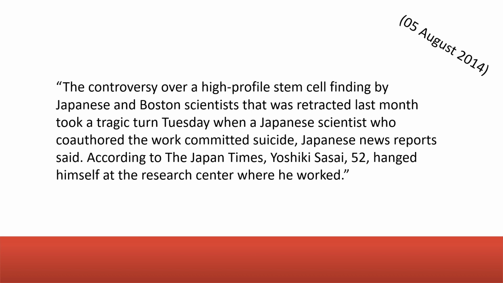According to the Japan Times, Yoshiki Sasai hanged himself at the research center where he worked and left 2 suicide notes and 3 other notes. One was addressed to Haruko Obokata, the young scientist who led the work and has been accused of scientific misconduct by Japan's Riken Institute, where she is now trying to repeat the experiment.